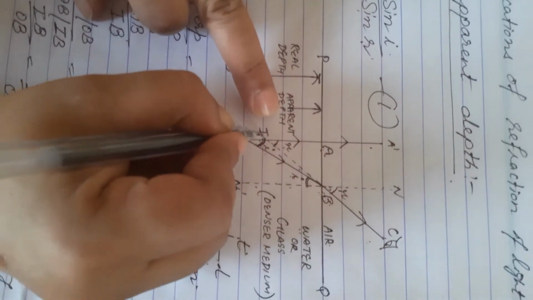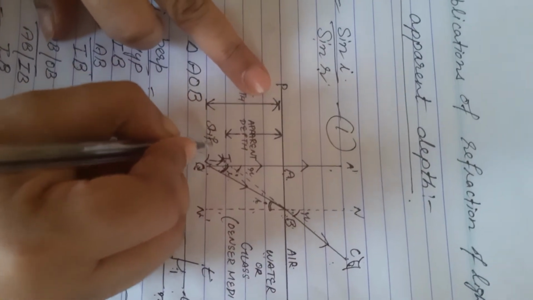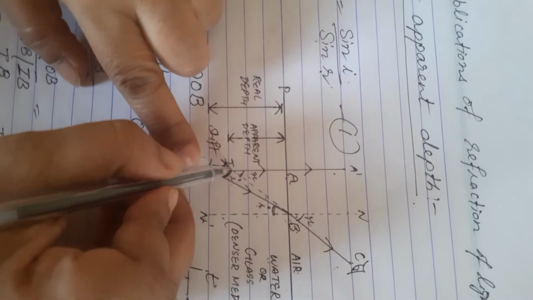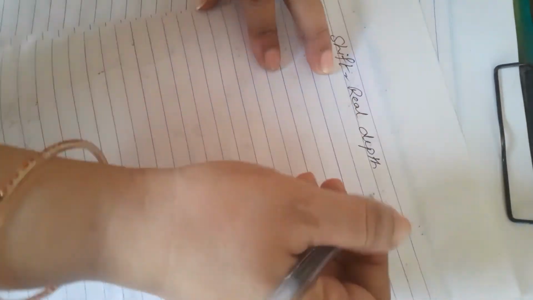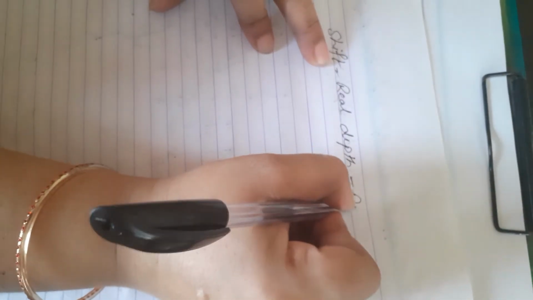This OI is shift. Actually object is here, but it appears to be here. So shift is equal to the difference of real depth and apparent depth.